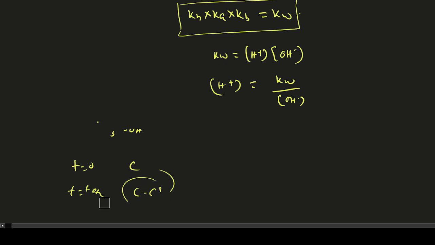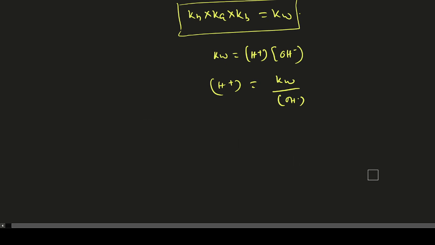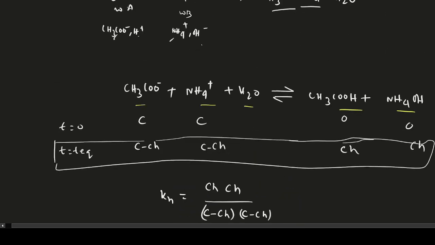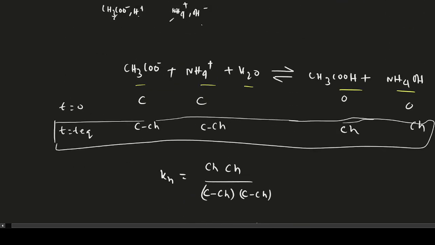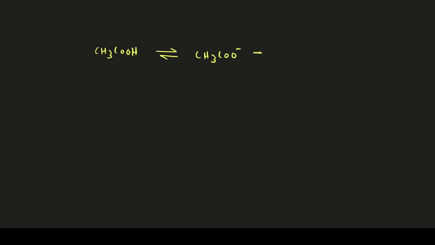So I will calculate that H plus concentration. CH3COOH will dissociate into CH3COO minus plus H plus, and NH4OH is going to dissociate into NH4 plus and OH minus.